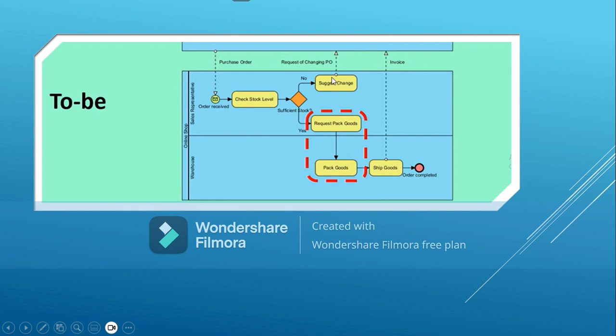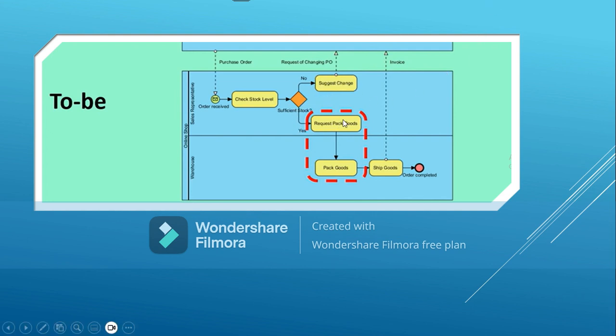And if you do not have the goods, then you follow the same process: you suggest some changes. They will make the changes to the purchase order, whatever they want to buy. Once they make the changes in the purchase order, it again comes to the online shopping and they follow the same process. This time they have ordered something which is already there, so it will definitely not go into the check of suggesting a change.